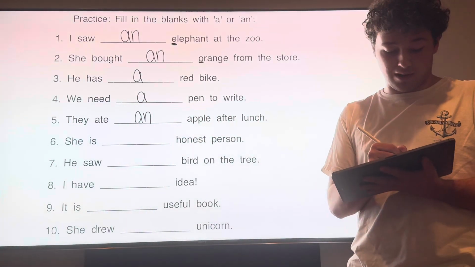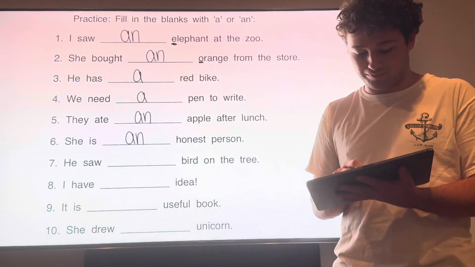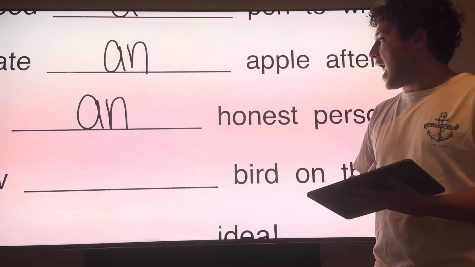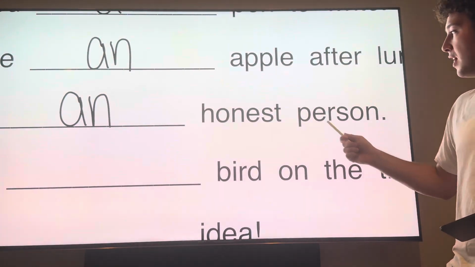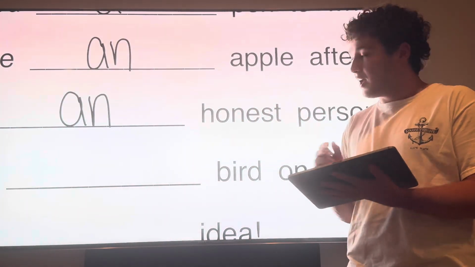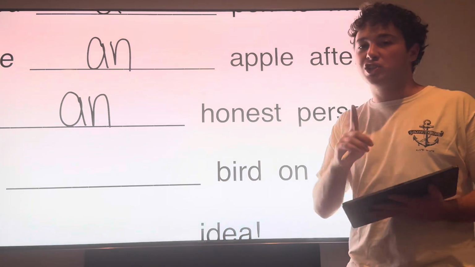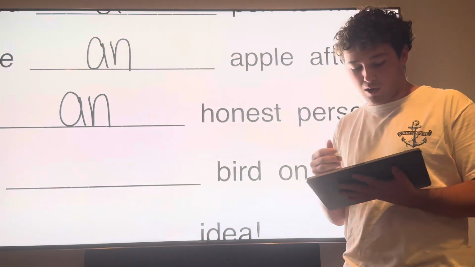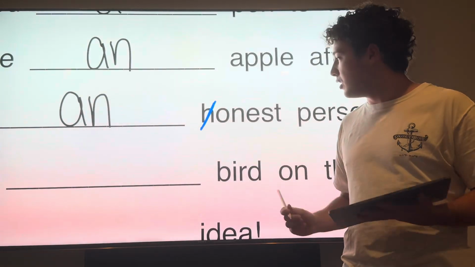Now, this one is difficult. Take a look at why. Okay, so, an honest person. This word here, honest, has an H at the start, but the H is silent. You don't hear it. So it's spelled like this.